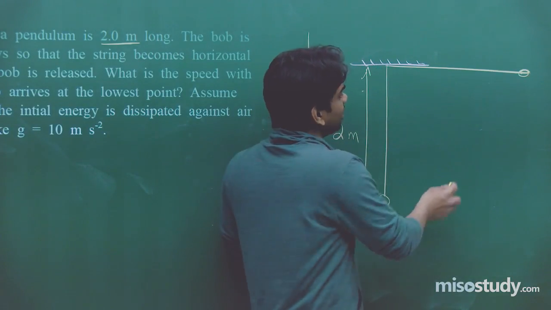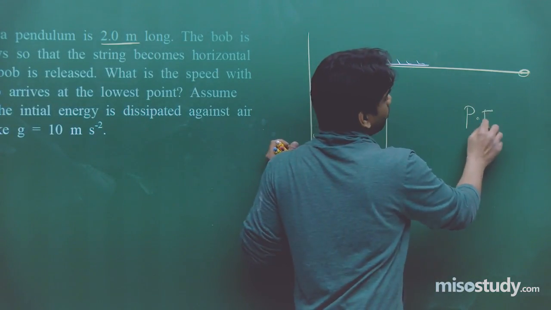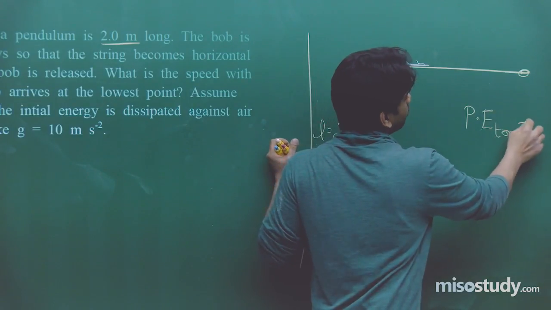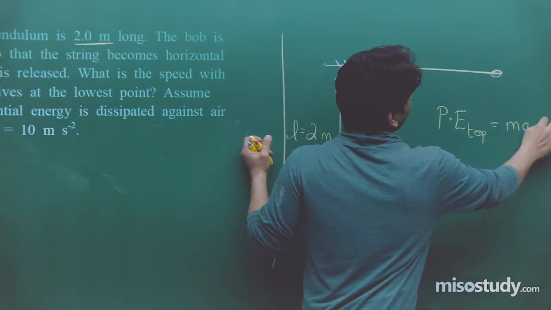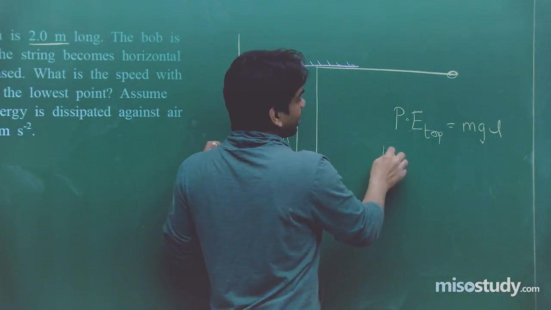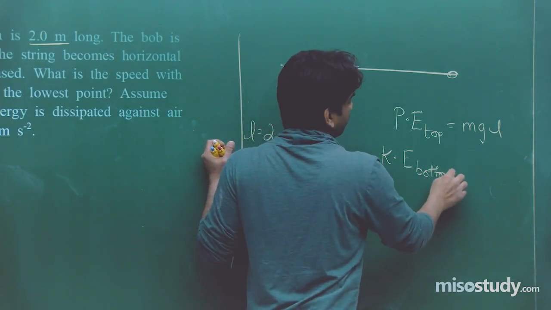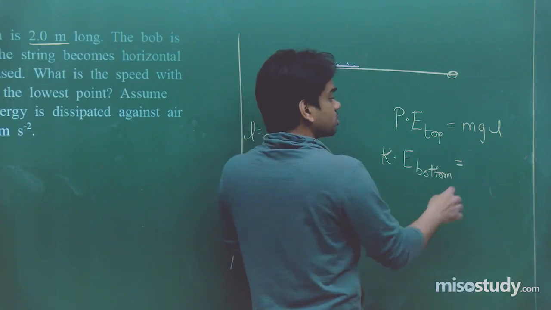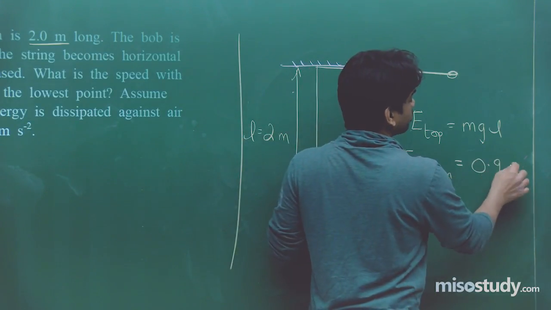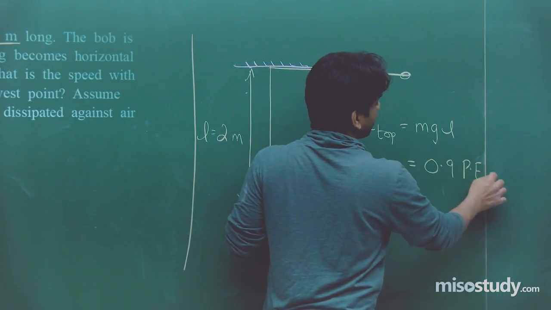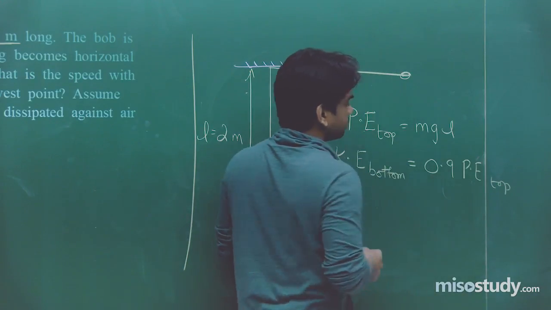The potential energy that it is possessing at the topmost point is equal to mg into height, that will be L. The kinetic energy at the bottommost point will be, because 10% is lost, only 0.9 times of potential energy at top.